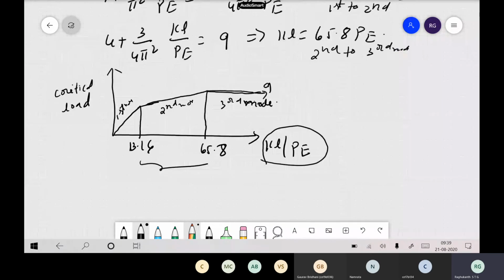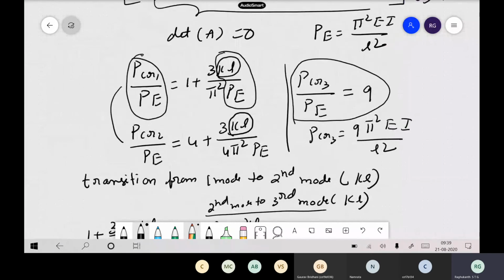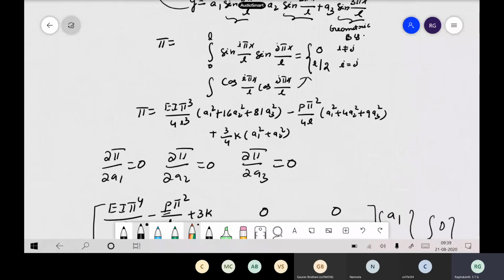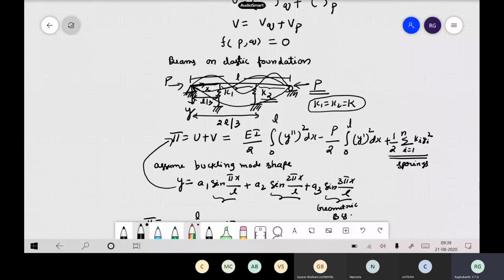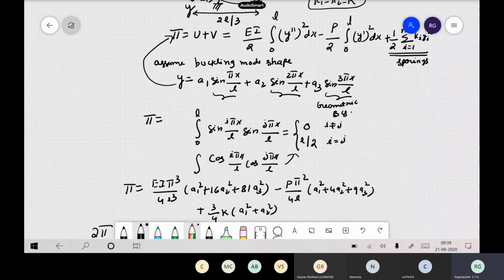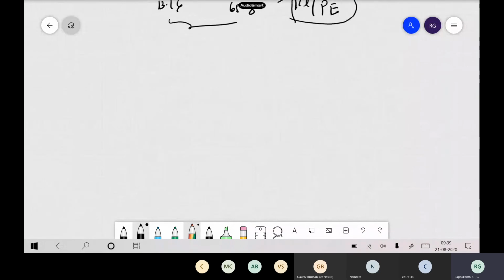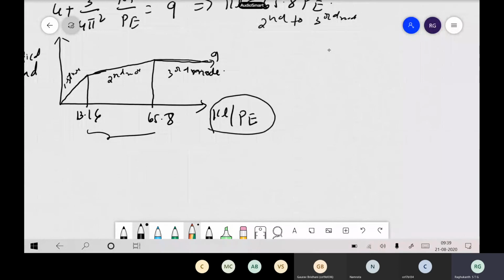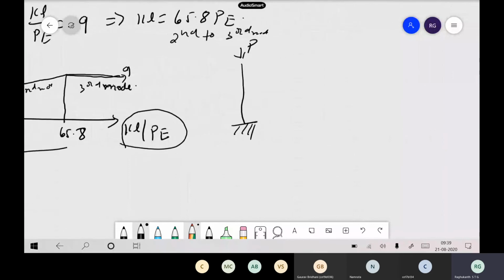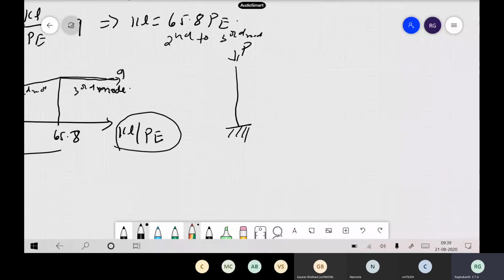But of course, this problem is not only just a pipeline kind of a thing. You can imagine this is a column where you have multiple supports. You can try several problems. For example, I have a cantilever, and we already have the buckling load for this problem. Now we said the distributed load also.